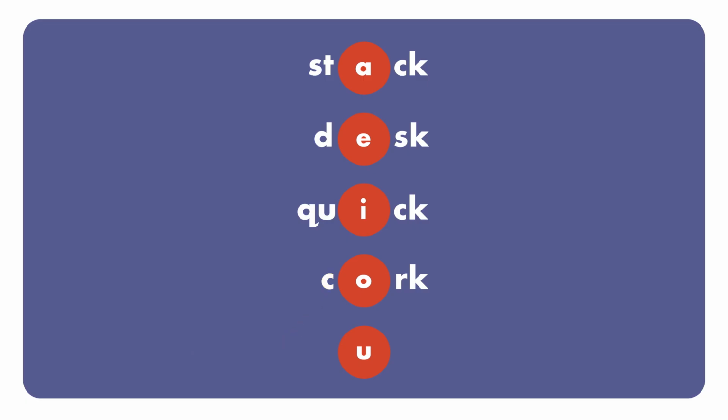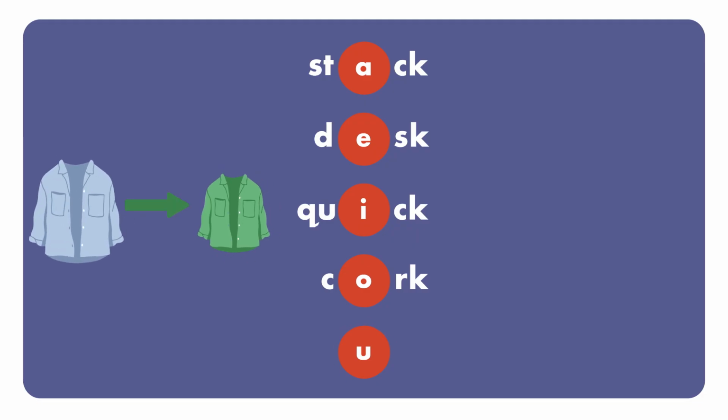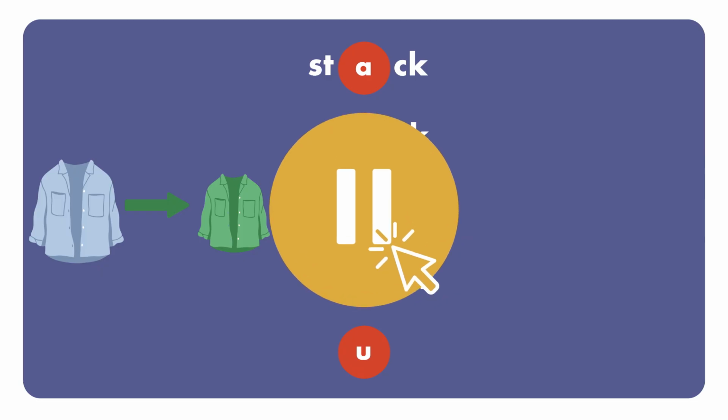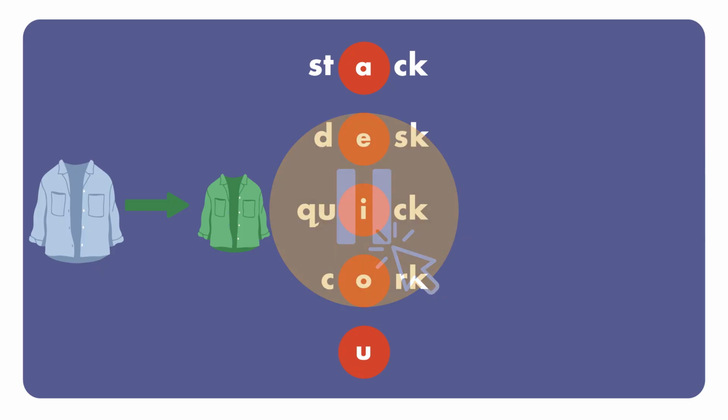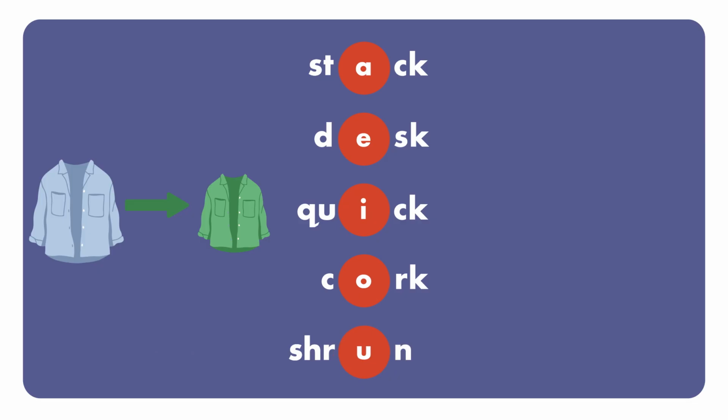Now, add consonant letters to the vowel letter u to write the word shrunk. My shirt shrunk in the wash. Say each sound as you write the word shrunk onto your whiteboard. Sh, r, u, n, k, shrunk.